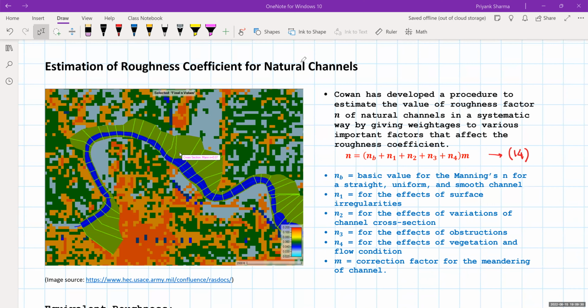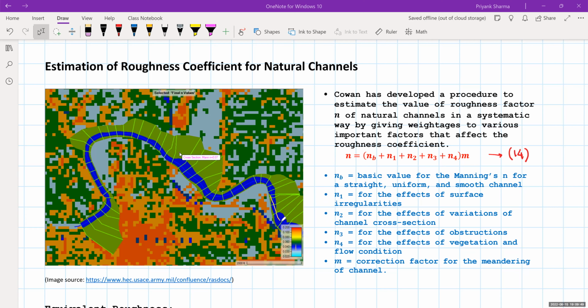Now, here I am illustrating one exercise on how to estimate the roughness coefficient. Here you can see, in a river reach, these are different cross sections, and this scale bar would give you the roughness coefficient. Based on that, you can see it is ranging in this range.